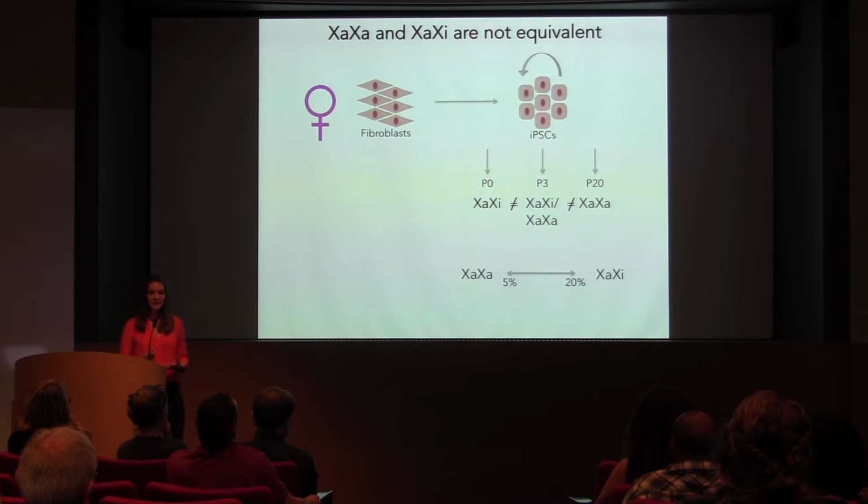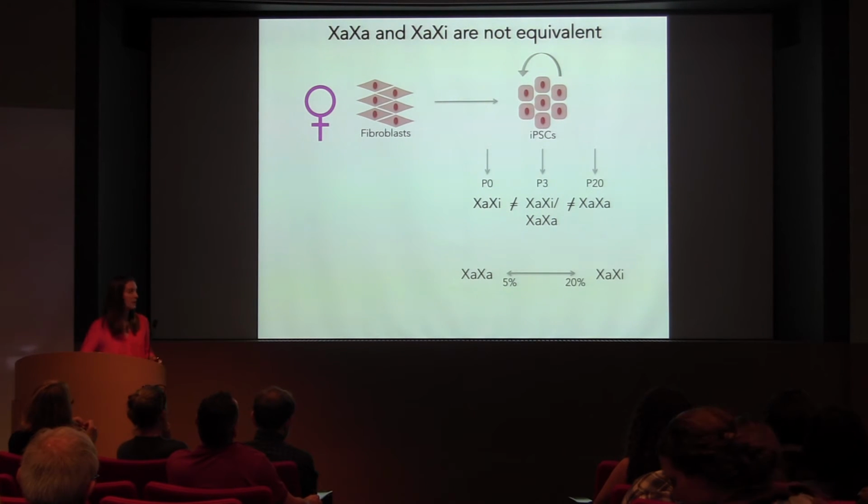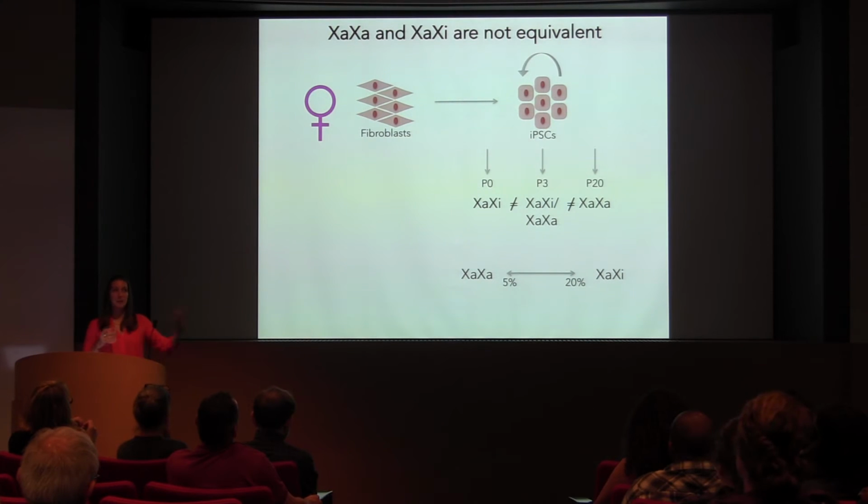But it doesn't necessarily mean that the X chromosome has been entirely turned back on. It seems to suggest that X chromosome expression is really dynamic when you start to lose XIST, and that there are some changes going on on the X chromosome that aren't necessarily happening across the entire X chromosome equivalently.